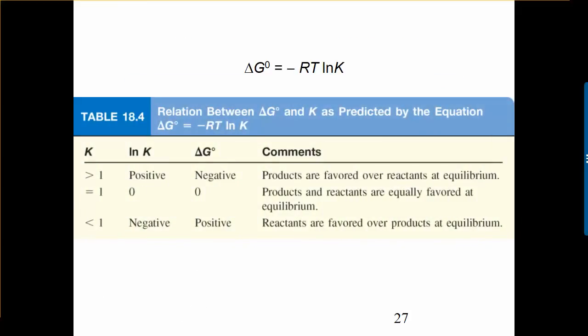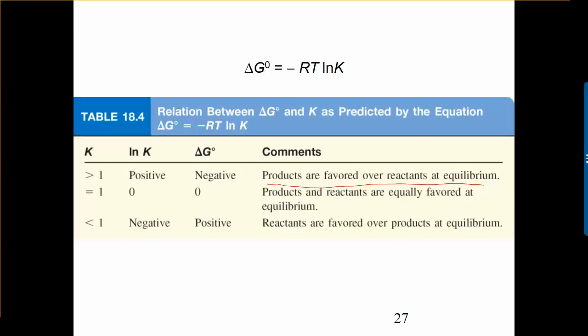From that equation, if K is greater than 1, the natural log of K is positive, so delta G will be negative. If the natural log of K is negative, then your delta G will be positive. So in this case, you would be able to describe the reaction as favored to the right or to the left.